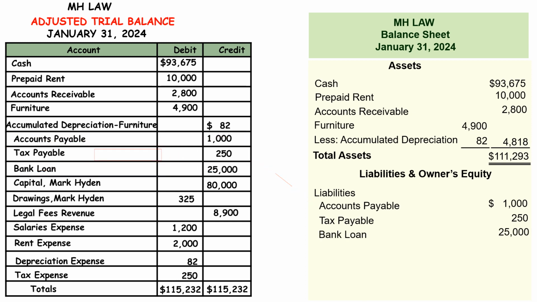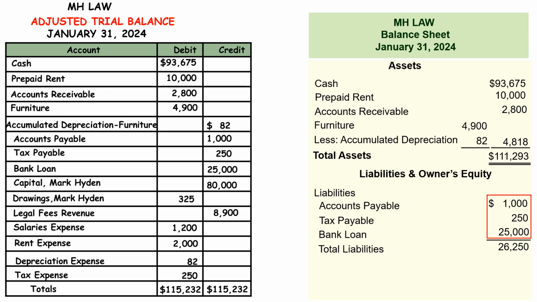Once we have copied them, we are going to total those. So the total liabilities of the business are $26,250. This means that the creditors have claims to the assets of the business, and their claims are worth $26,250. The rest of the claims to the assets will be by the owner.